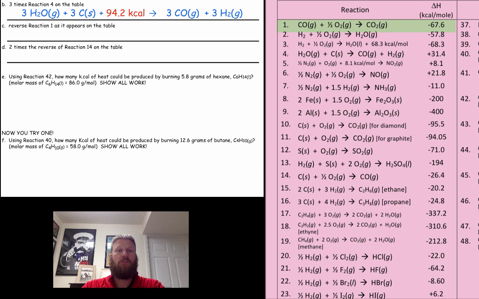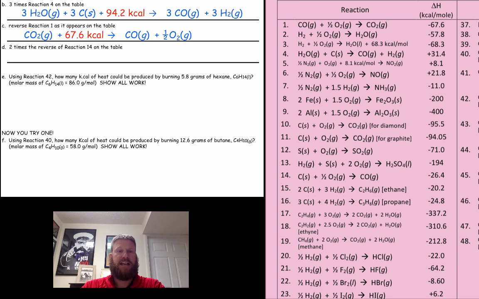When we look at reaction 1 as written, it is exothermic, which means 67.6 kcals should go on the product's side. Once we reverse the reaction, the products become the reactants and vice versa. The result is carbon dioxide plus 67.6 kcals produces carbon monoxide and 1/2 oxygen gas.